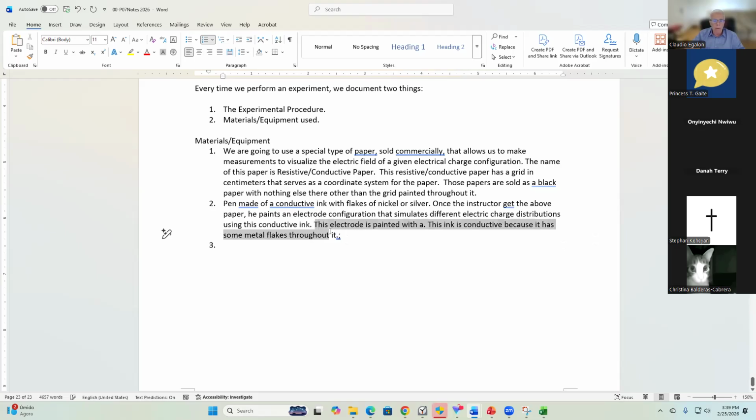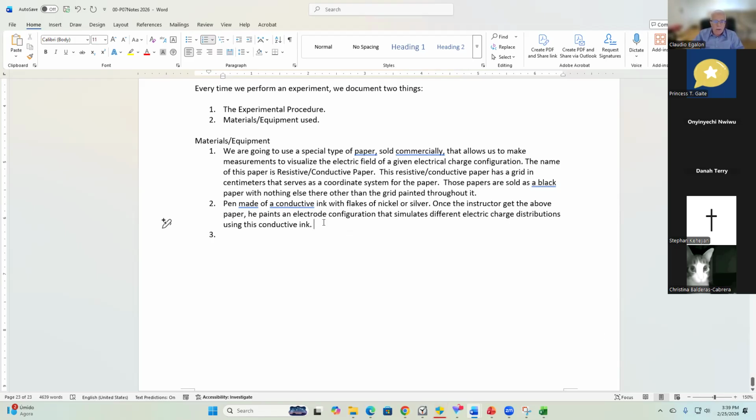Here you go. Now you can erase it. Can you picture that? It's not difficult to visualize, right? Get the black paper, get your conductive pen, and then choose what electrode configuration you're going to use.